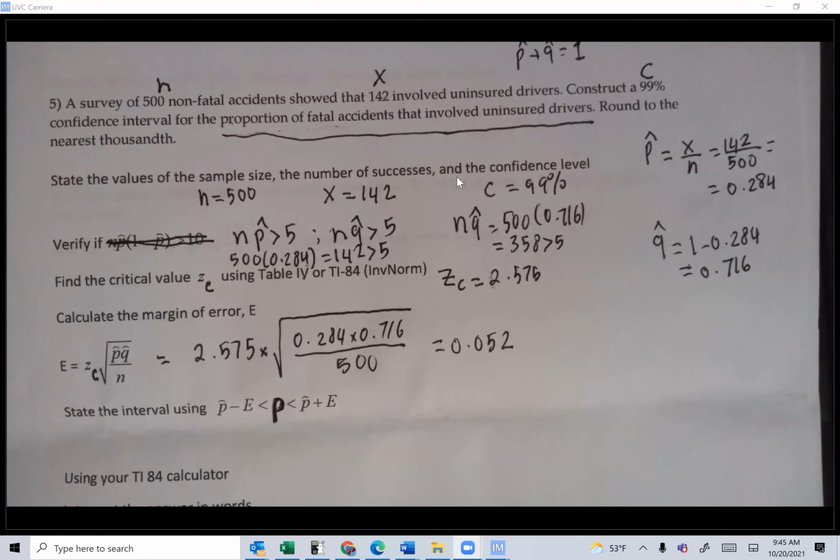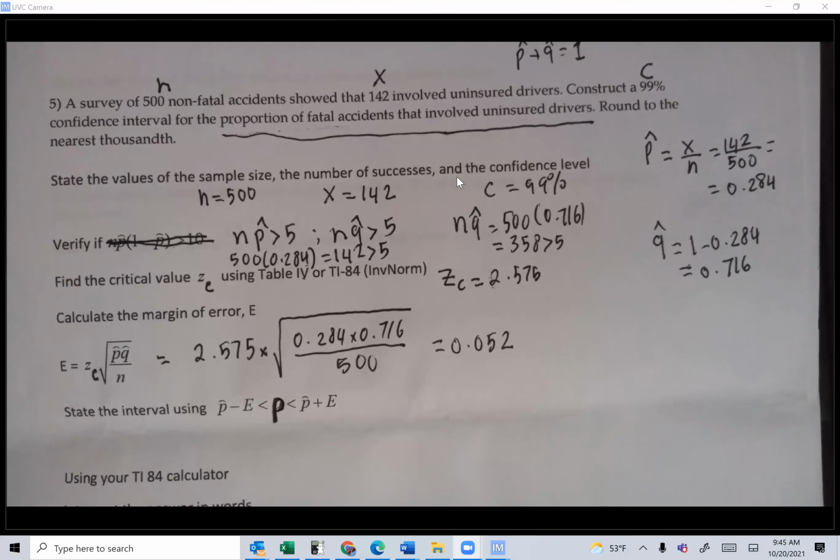Minus E, which is 0.052, less than P, less than P hat 0.284 plus 0.052. So P is between. Okay, let's do the subtraction. And then you will see the calculator, guys. You're going to love how this is done with the calculator.